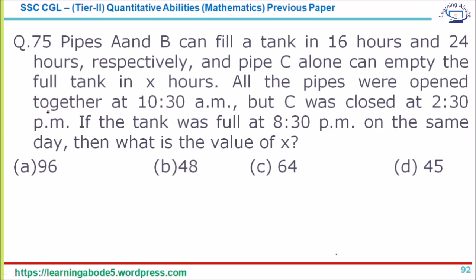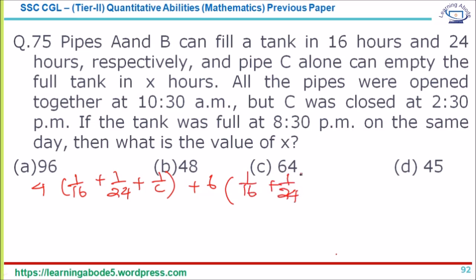And if the tank was full at 8:30 on the same day, what is the value of X? So for 4 hours, the three pipes are open, 1 by 16 plus 1 by 24 minus 1 by C. And then for 6 hours, only the two pipes A and B are open. And with that, the task is completed.